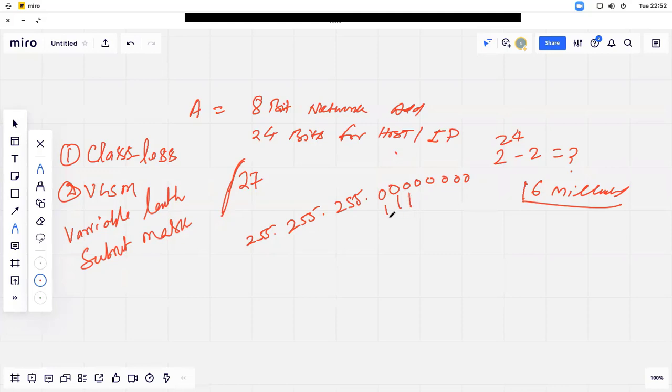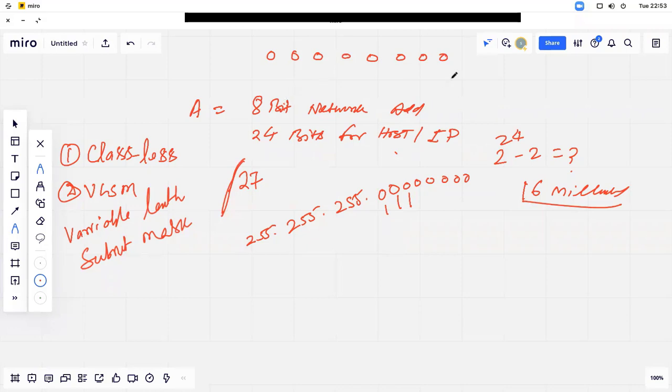Now we need to write down the place values of these 3 bits which we have borrowed. If you remember, yesterday I told you how to calculate the place values. Let me remind you with a table that will refresh your understanding. 1, 2, 3, 4, 5, 6, 7, and 8. You must remember this table and its place values.